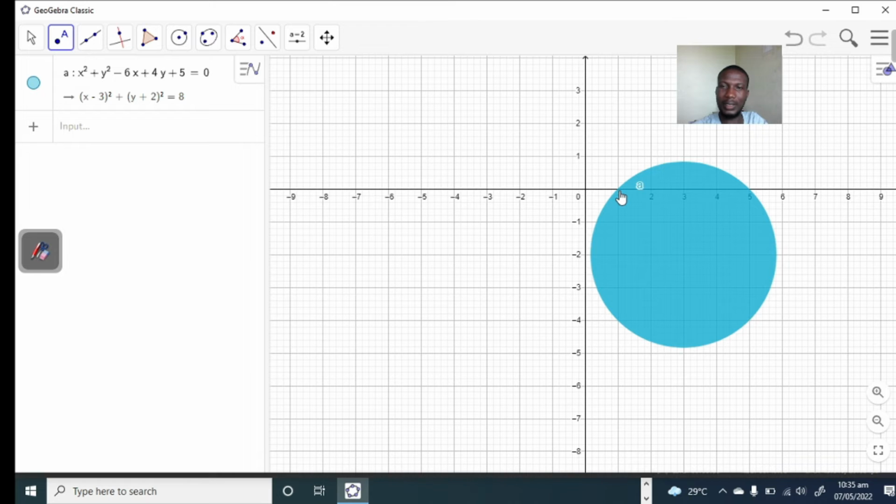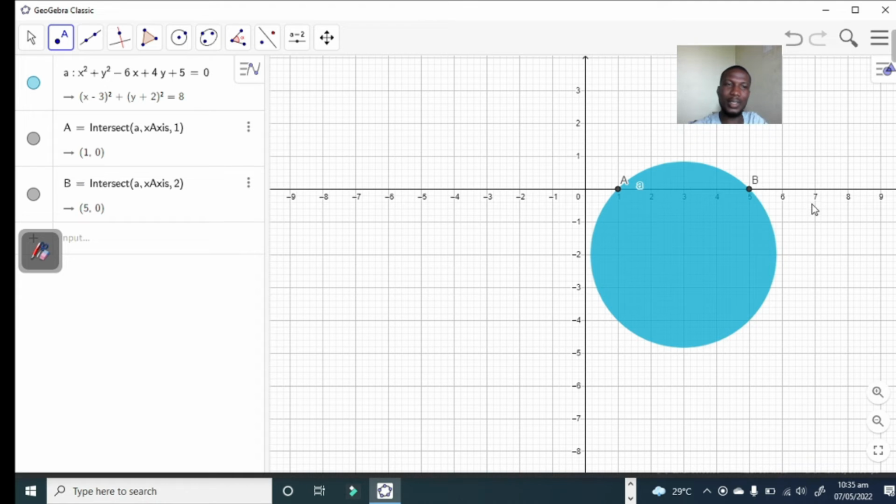Our tangent can be touching the circle here or here, because these are the places where the circle cuts the x-axis or touches the x-axis. So we'll go back to work it.